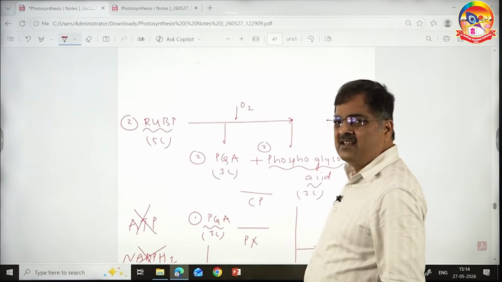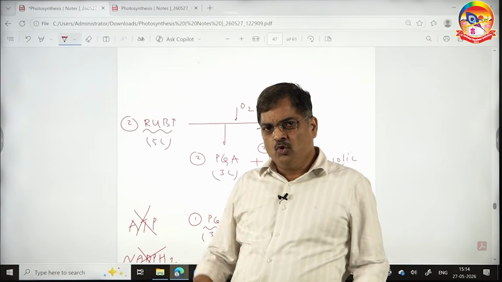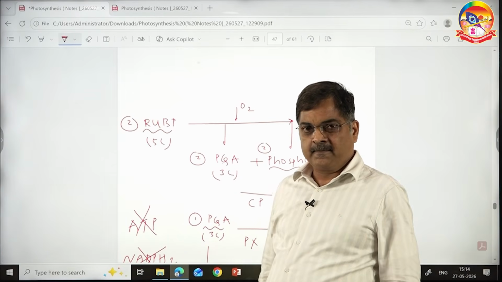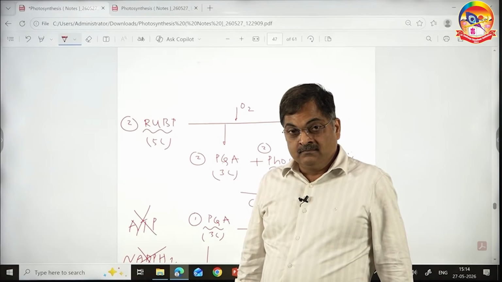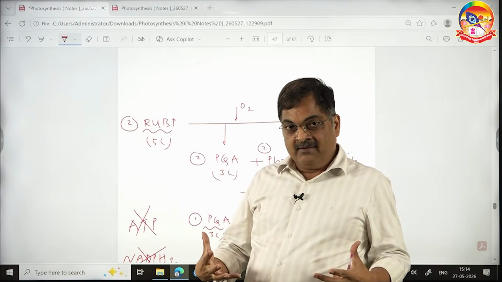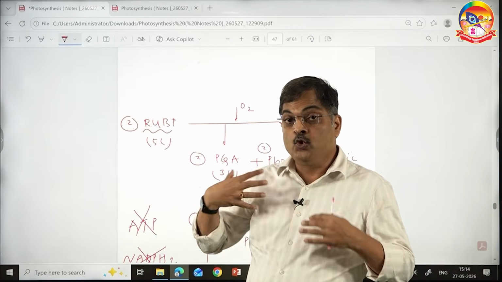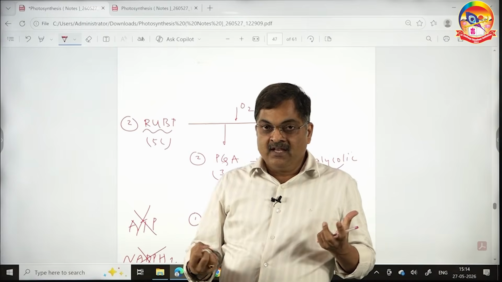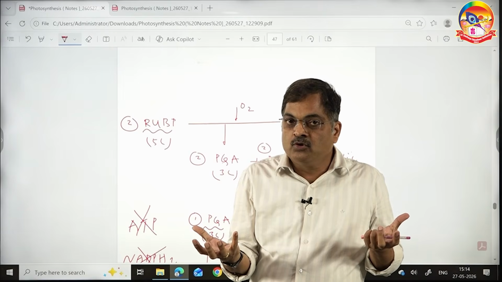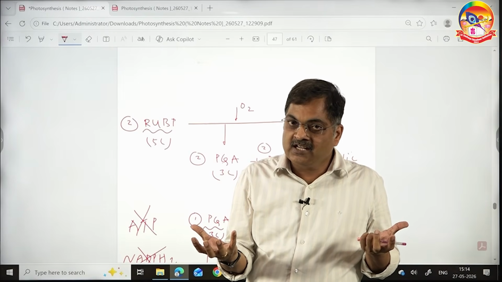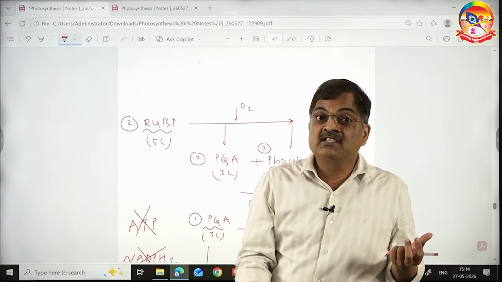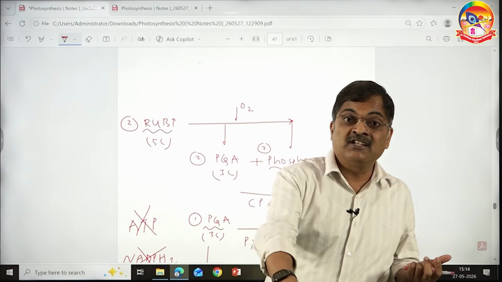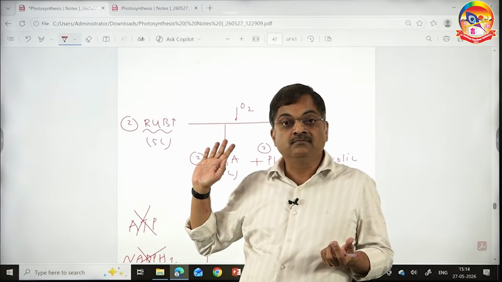And who is the villain here? Who should be blamed for photorespiration? Please don't blame oxygen for that. It is the enzyme Rubisco which has a dual nature. It is providing a seat for CO2. All right, that's good. But it can also provide a seat for oxygen if oxygen concentration is more than CO2.